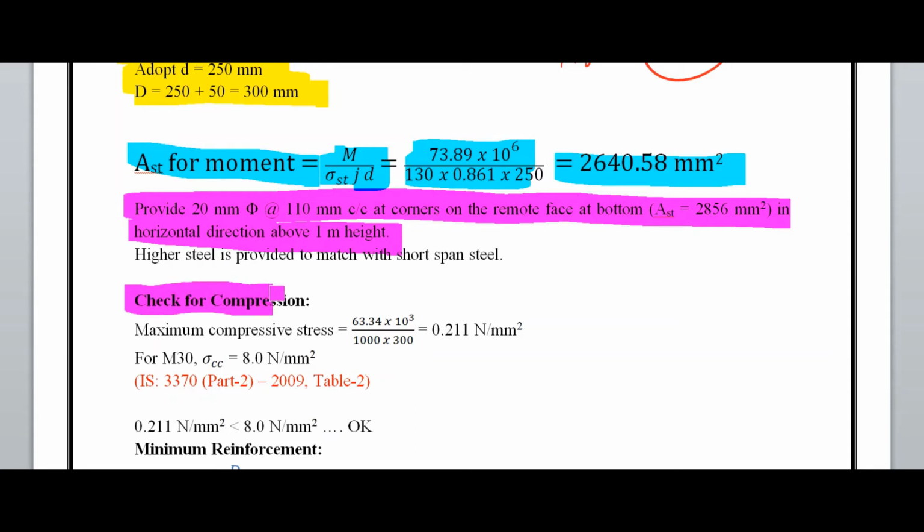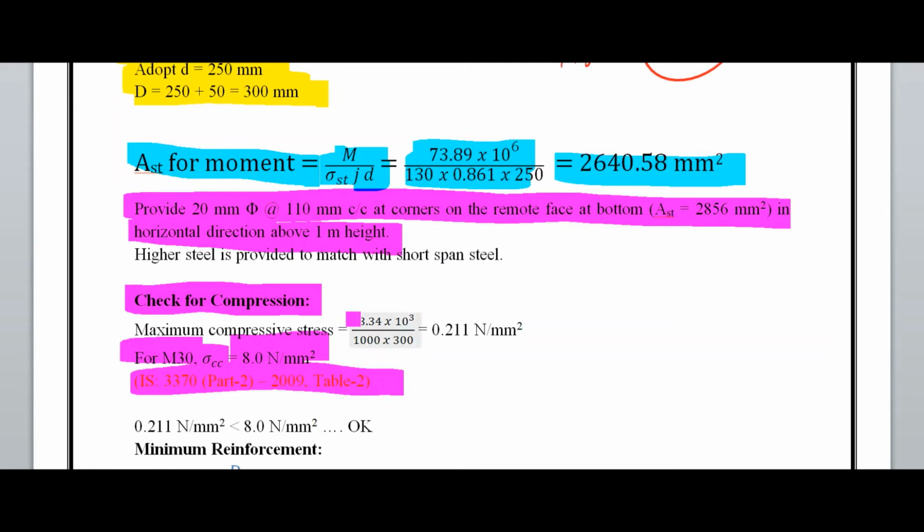Now we have to check for the compression. Compression is for sigma cc. Sigma cc we can find from IS 3370 part 2 2019 table number 2. From this, sigma cc has the value of 8 Newton per mm square for the M30 grade of concrete.